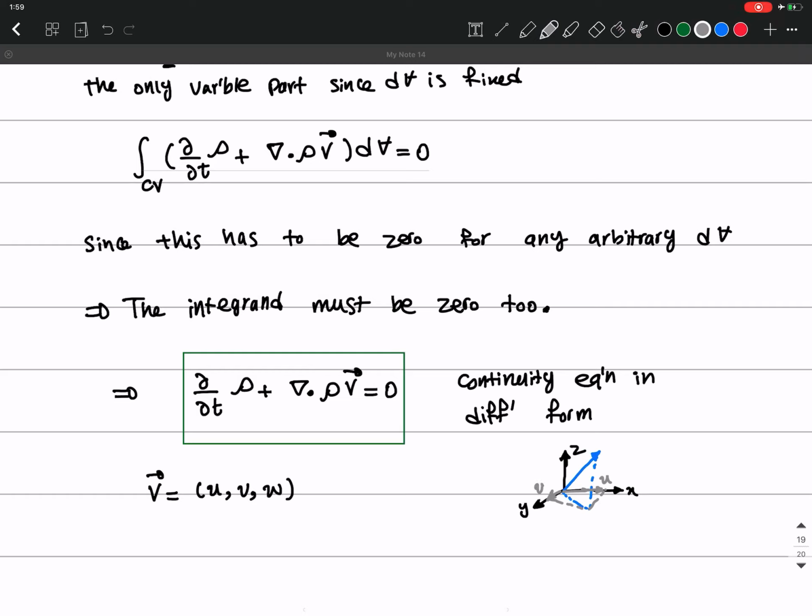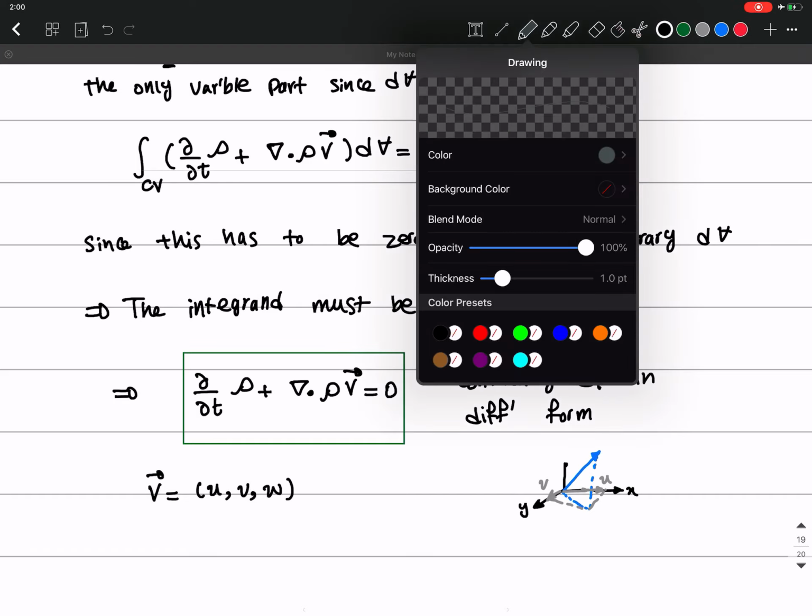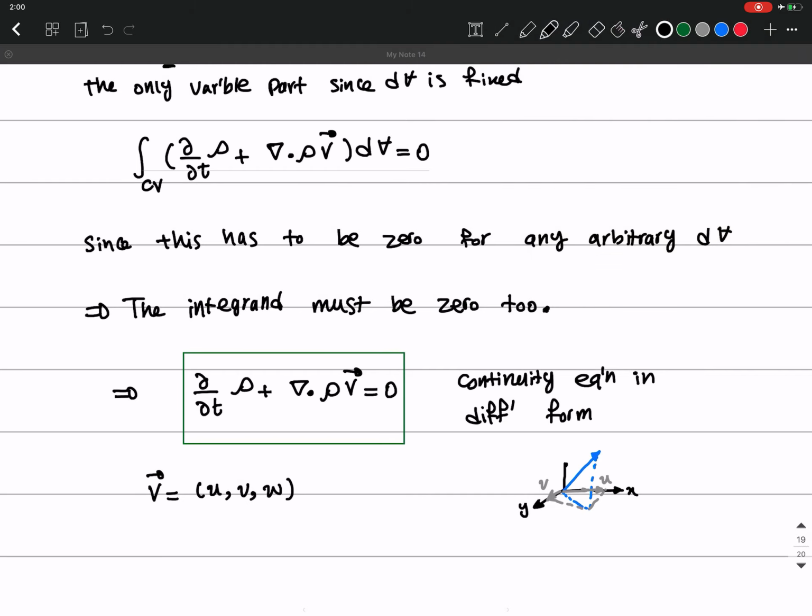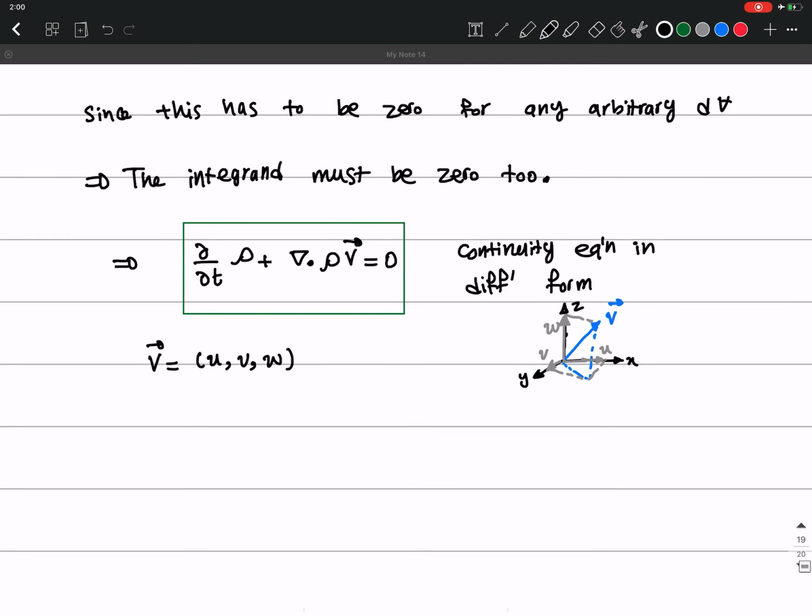In the Y direction, this is going to be V. And in the Z direction, which is the vertical direction, this is going to be W, okay? So this is our velocity vector. It has three components, U, V, W, as you can see here.